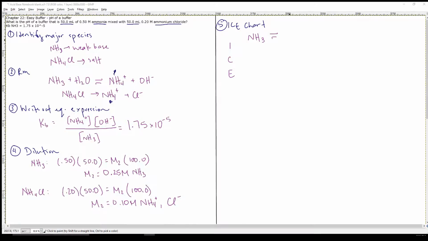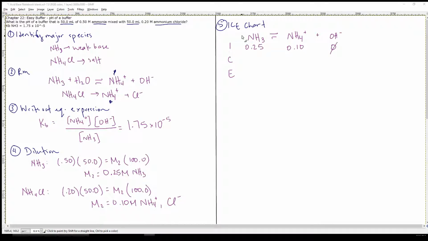So that affects our ICE chart. So I know my initial concentration of ammonia is 0.25, and I know my salt has provided 0.10, and I don't have any hydroxide at the start.